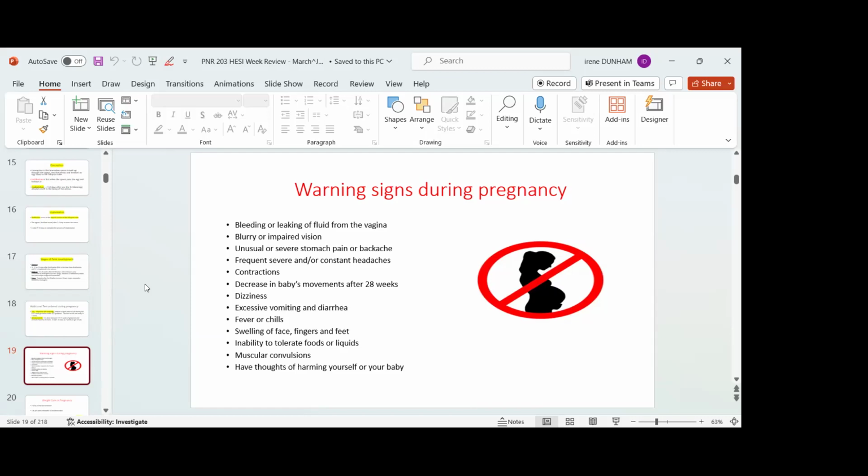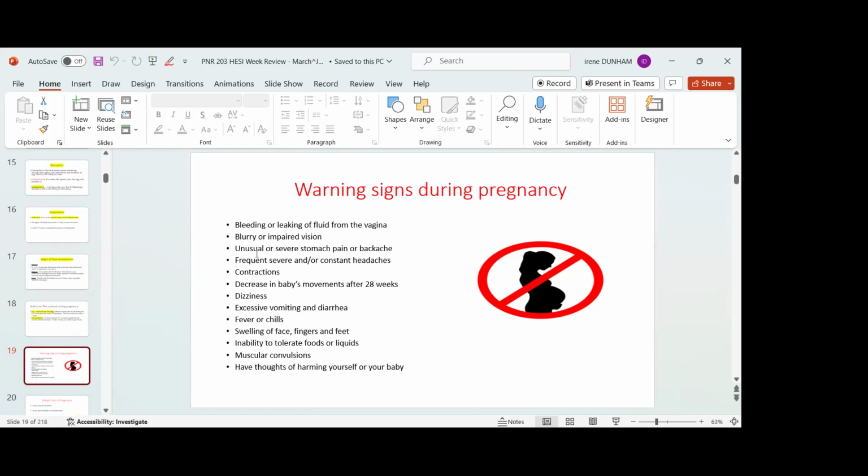Leaking of fluid means your bag of water broke. Too early, again, you could be aborting, and if it's later in pregnancy, then you're apt for more infections, we have to watch them carefully, and most of the time we have to deliver them. So that's never good.